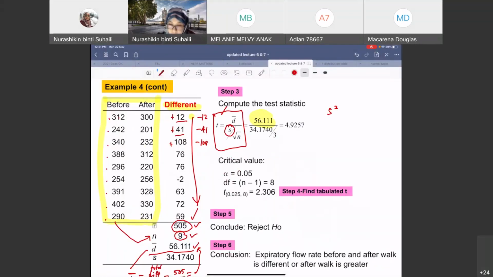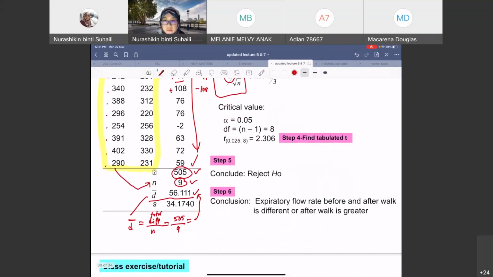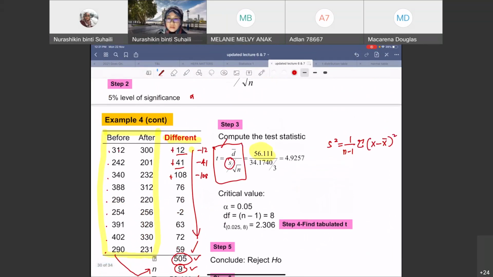S square. So remember this formula, the S variance, I think we study in LU1, okay?